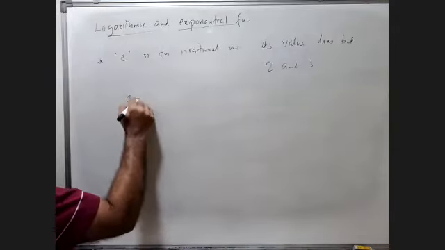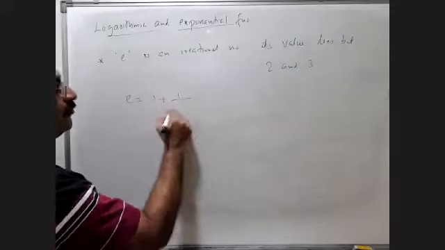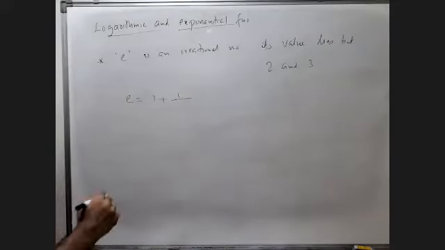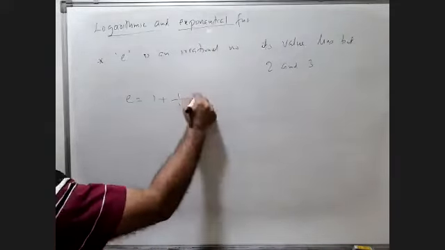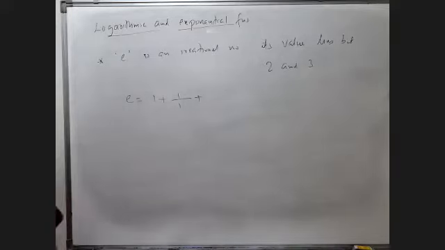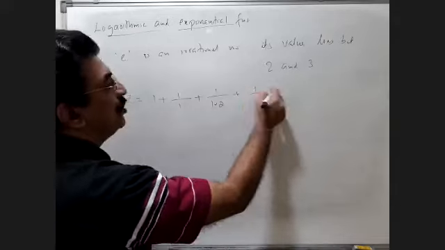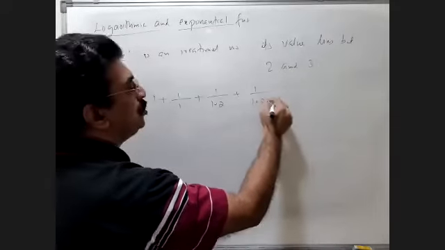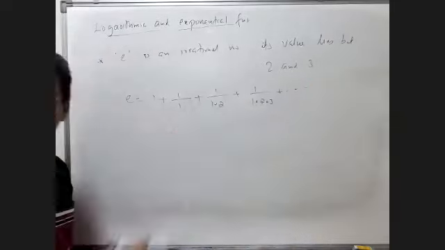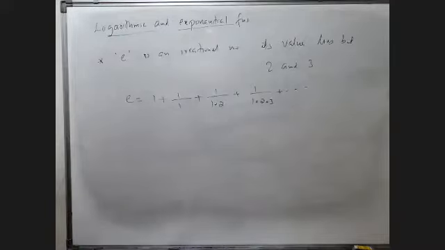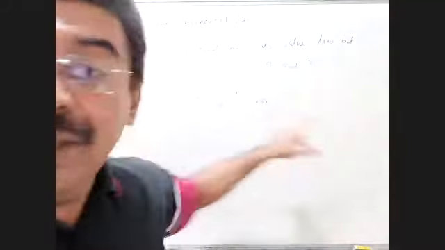The value of e is 1 plus 1 by 1, plus 1 by 1 into 2, plus 1 by 1 into 2 into 3, and so on.